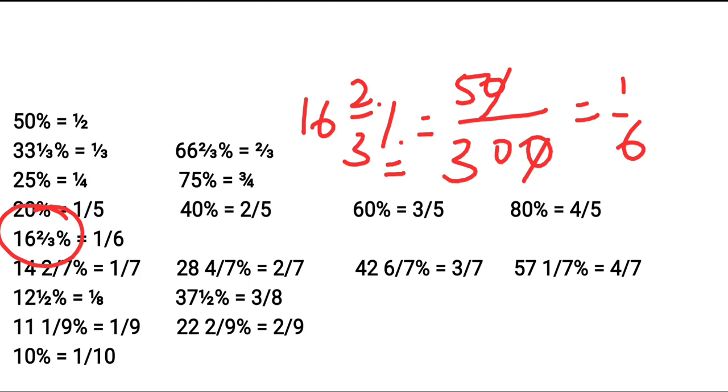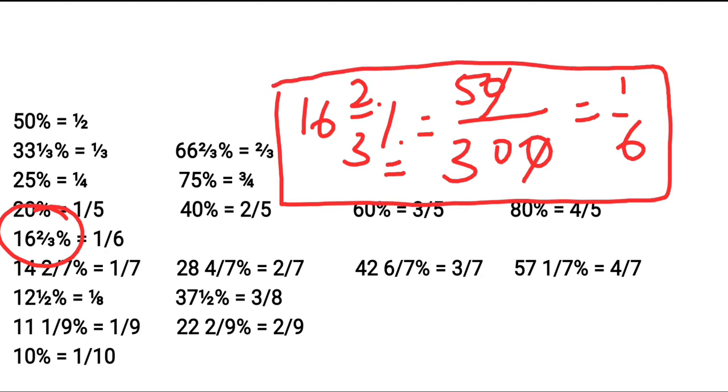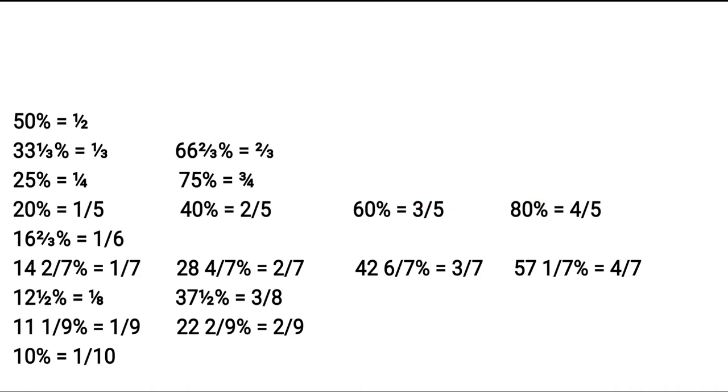But why am I asking you to memorize this? Because to avoid this calculation, which will take you a few precious seconds, it is better if you just memorize them. And if you keep practicing, then you don't even have to memorize, they will get memorized by themselves. Now this is the first thing.